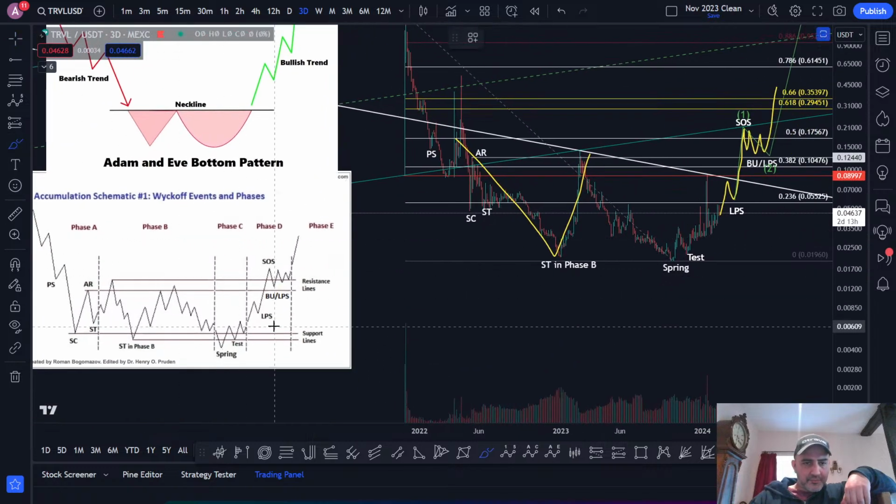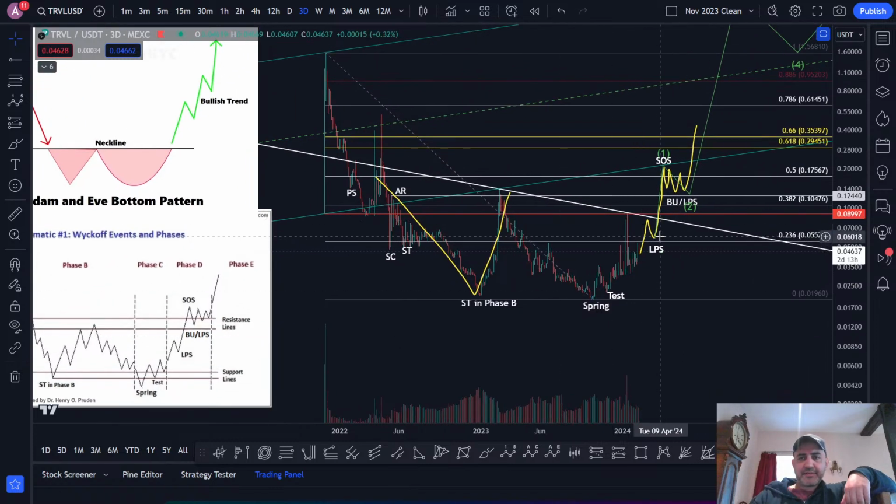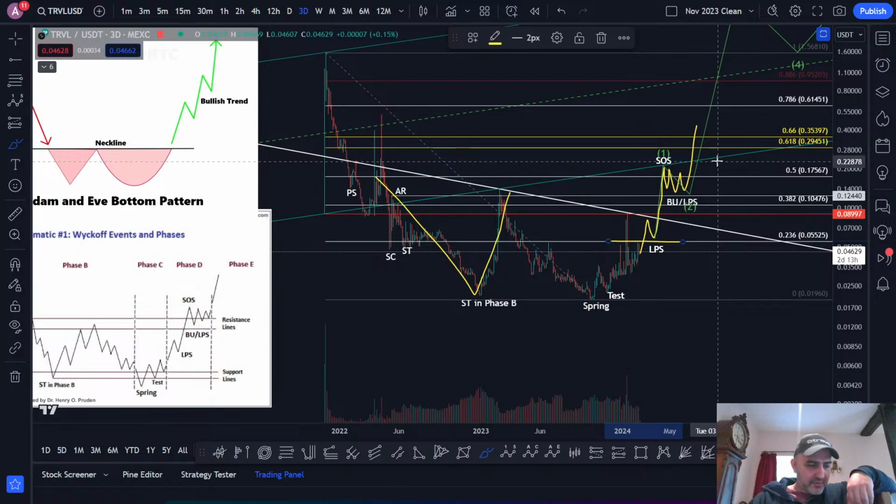From the lowest point of support up into the SOS, there's a break, and you're basically going up onto this SR flip here, back testing the lowest point of support, and you're breaking this neckline for a buy up, which is your sign of strength, and the sign of strength is making a new high. That's your sign of strength. Then you have this consolidation for the next move.